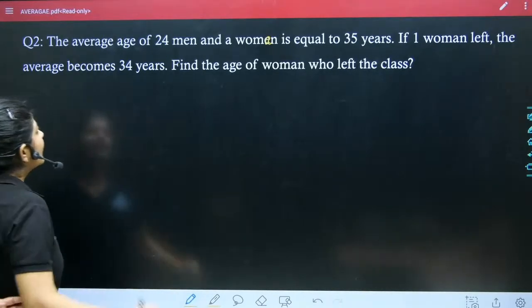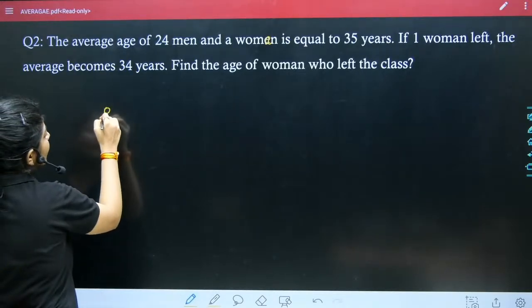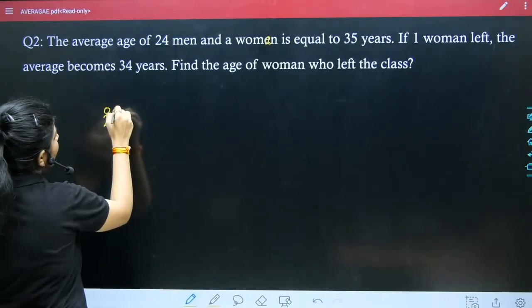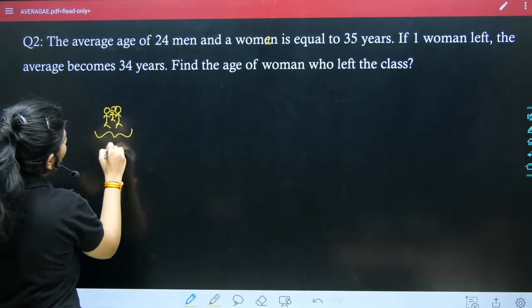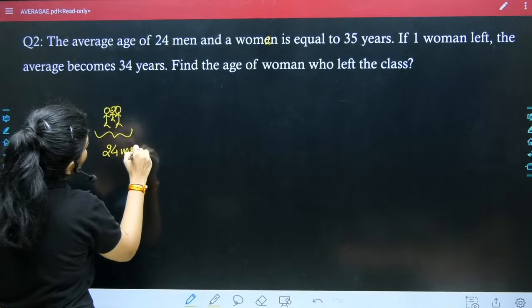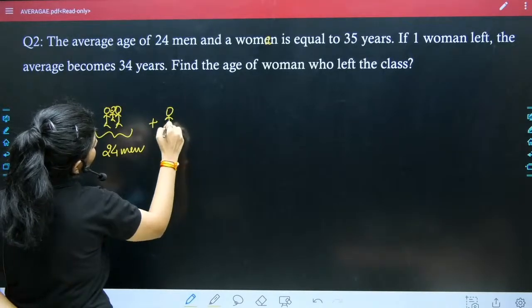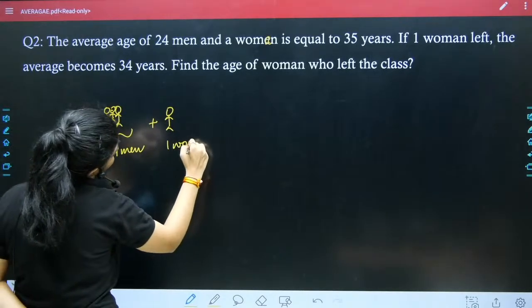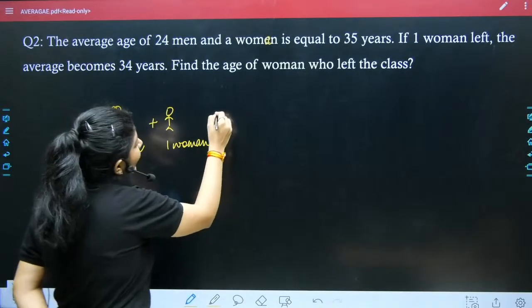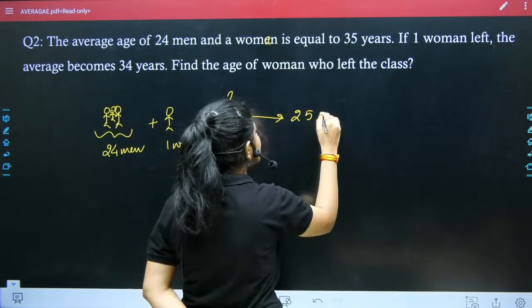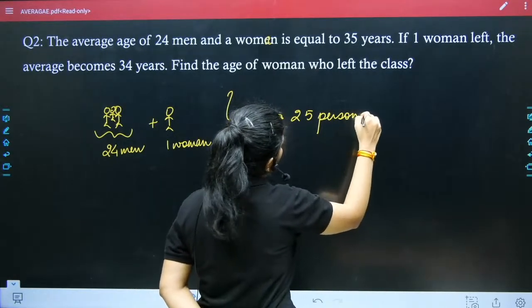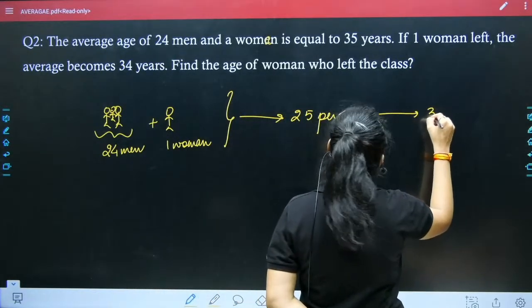What is given? It is given that here we have 24 men. In total we have 24 men and 1 woman, and the average age of all these 25 persons is equal to 35 years.